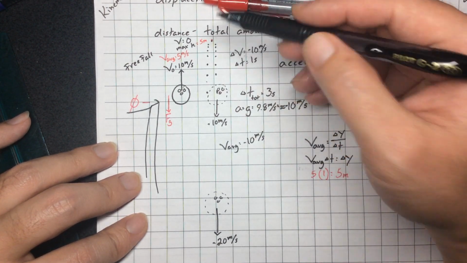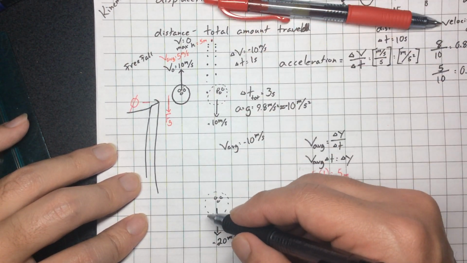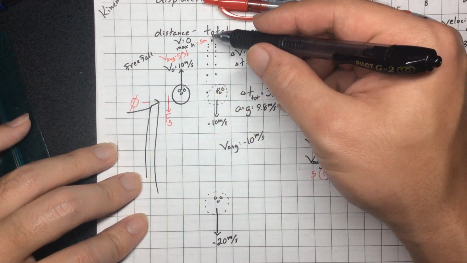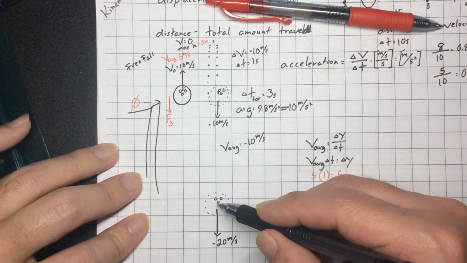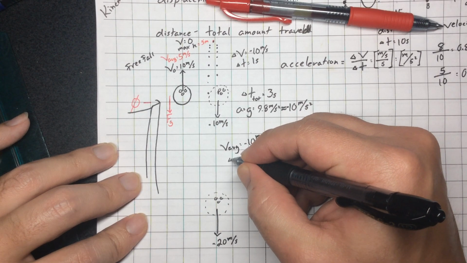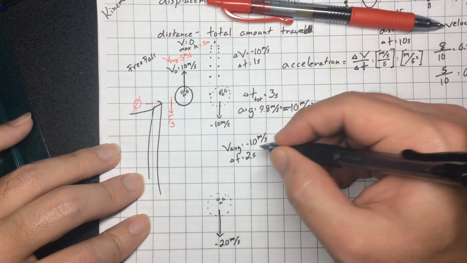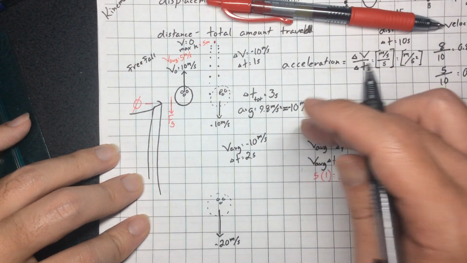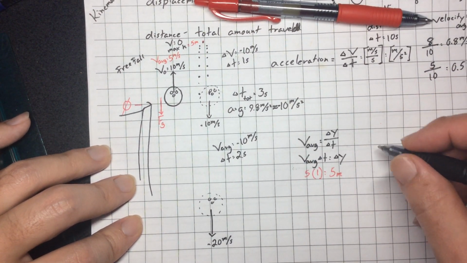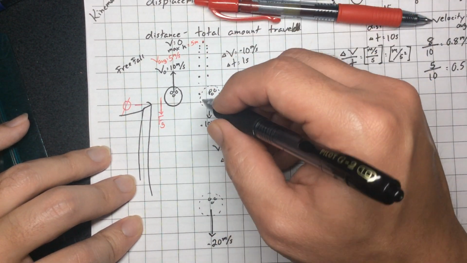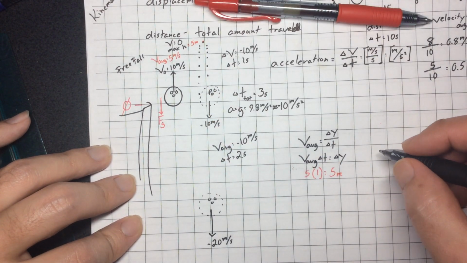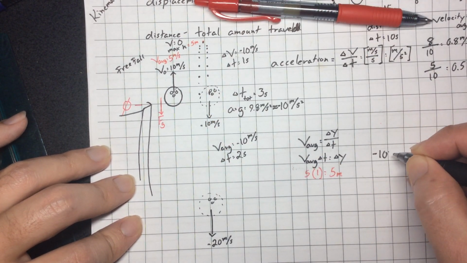Now, I know that the time taken to go from here down to there is going to be 1 second and then another 1 second, so a total of 2 seconds from top to bottom. And so I can just run this equation again. The average velocity for this second half of my up-down is going to be negative 10 meters per second.